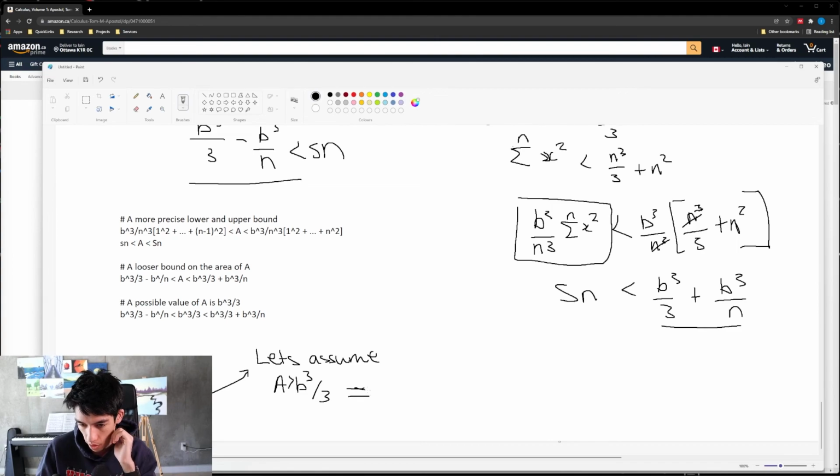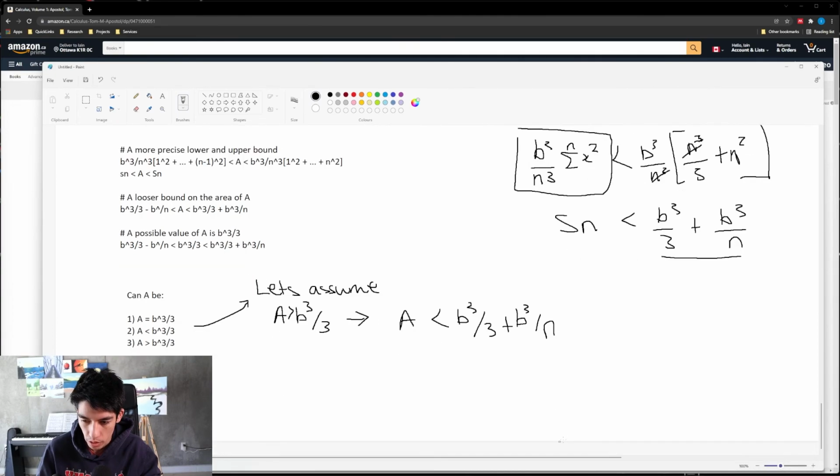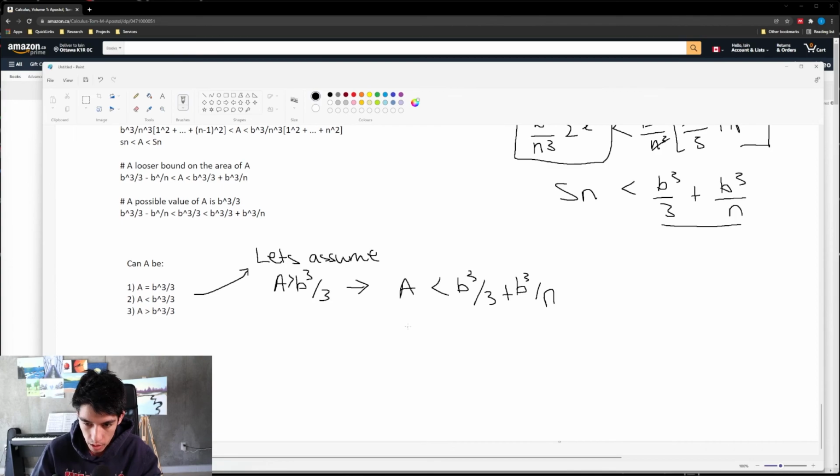Then what this means is if I took a and I said a is smaller than b cubed over 3 plus b cubed over n, and then I work this formula according to the assumptions that we just made to simplify it, then it's like a minus b cubed over 3, which is possible because a is bigger than b cubed over 3.